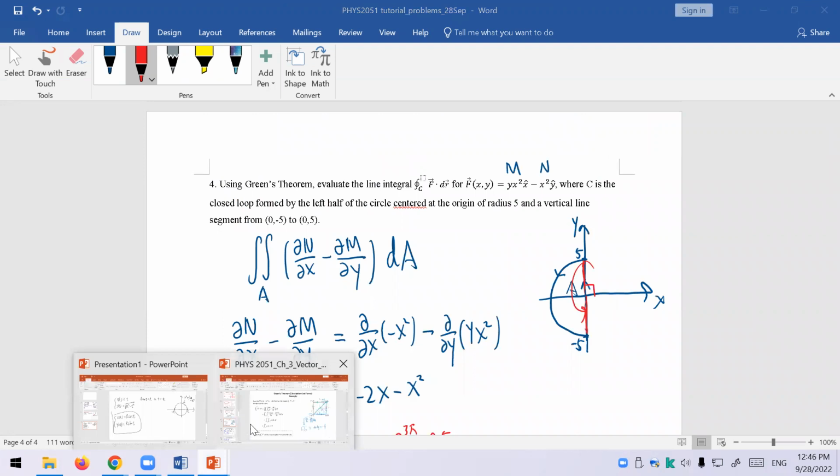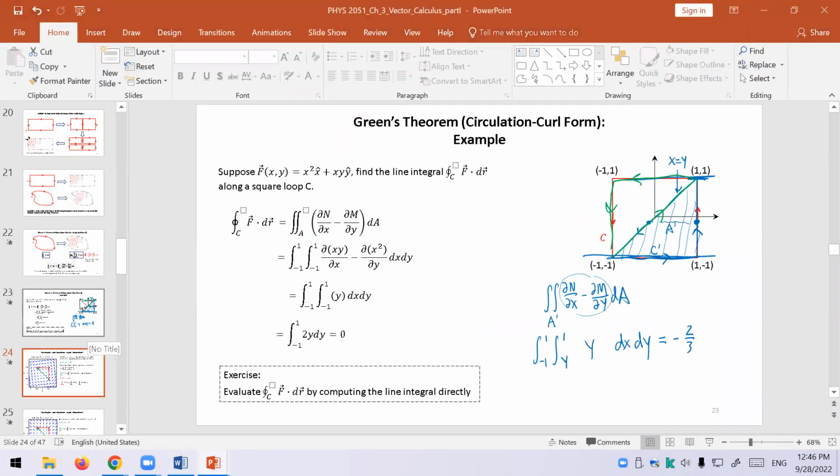Okay, so I can go back to the lecture notes. So that's pretty much what I want to say about Green's theorem for now. Right? So you know how to use it, you know how to convert this line integral into this double integral.